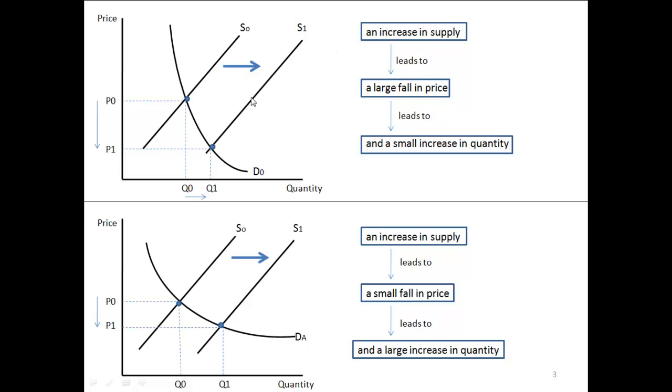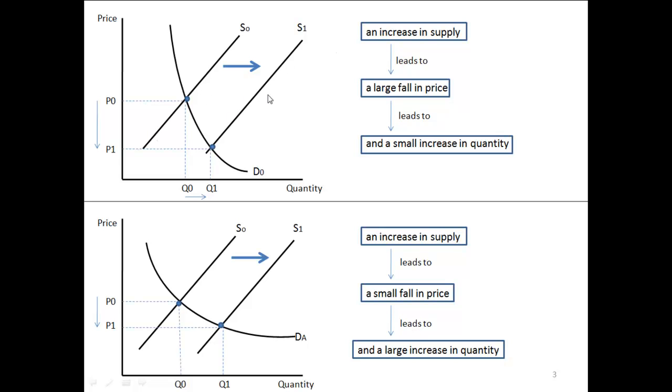Why might this happen? Let's say that a few more companies have entered the cement industry, so the quantity supplied has gone up. If we initially had the supply curve S0, we now have a new supply curve which has shifted to the right.